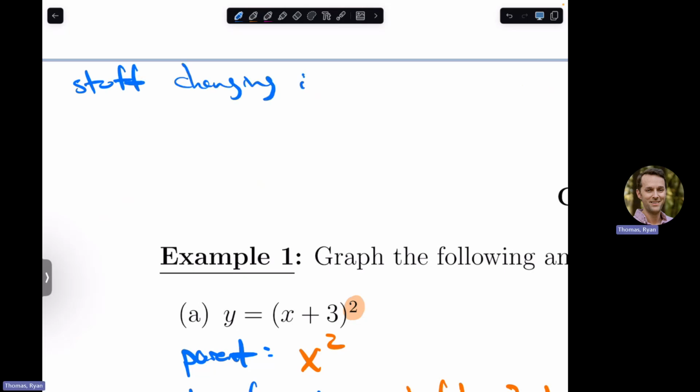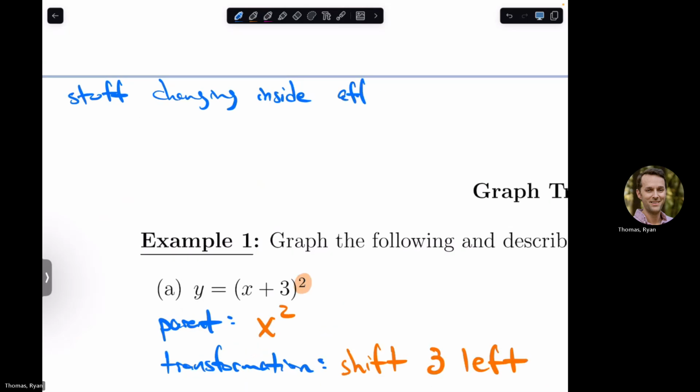Stuff changing inside affects the horizontal.